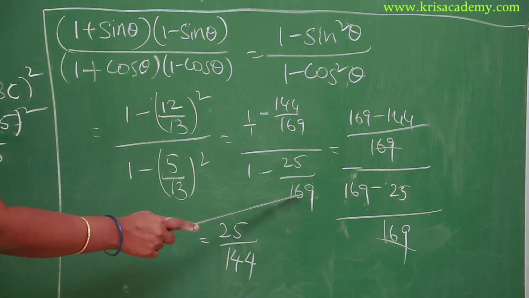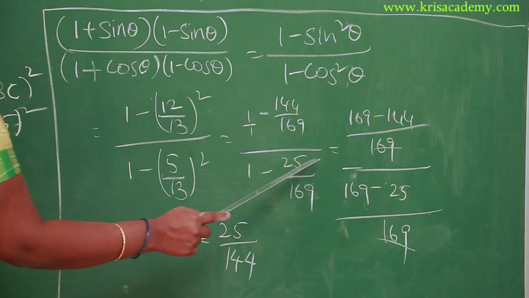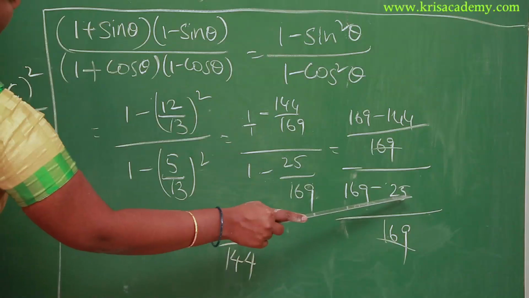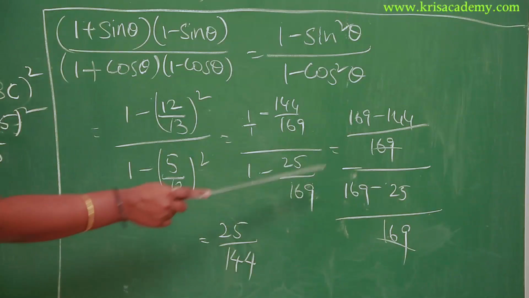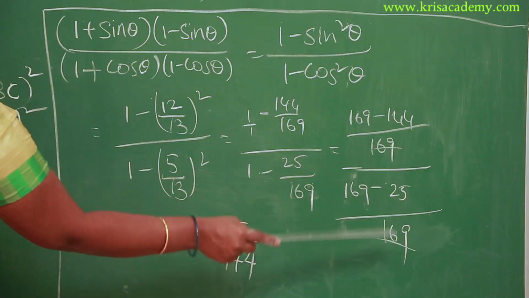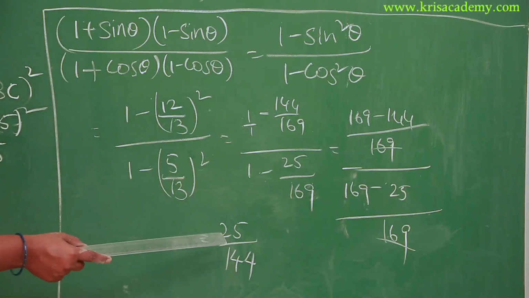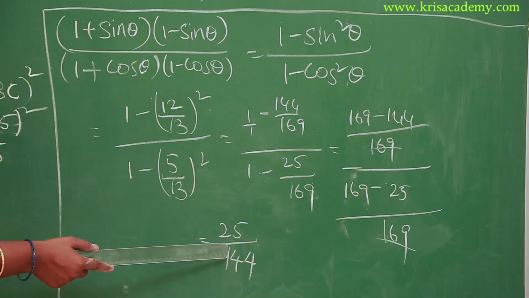Here also denominator is 169, 1 into 169 is 169, 25 ones are 25. 169 minus 25 is 144, 169 minus 144 is 25. Here both the denominators are same, so cancel 169, 169. Hence the value is 25 by 144.